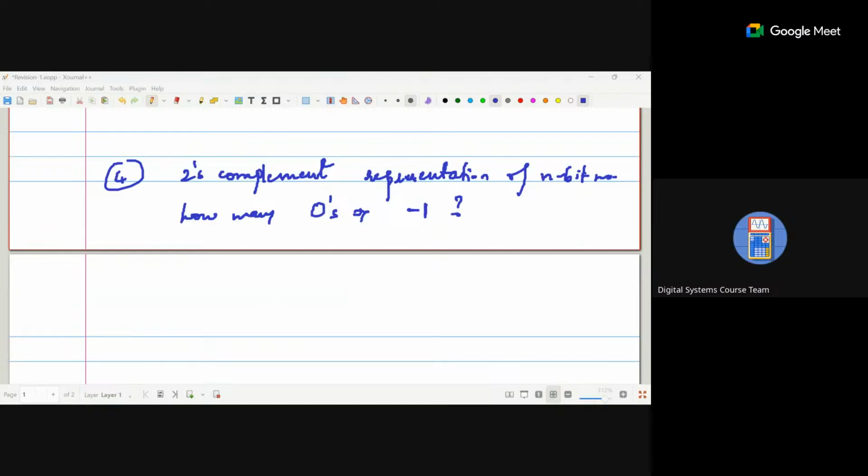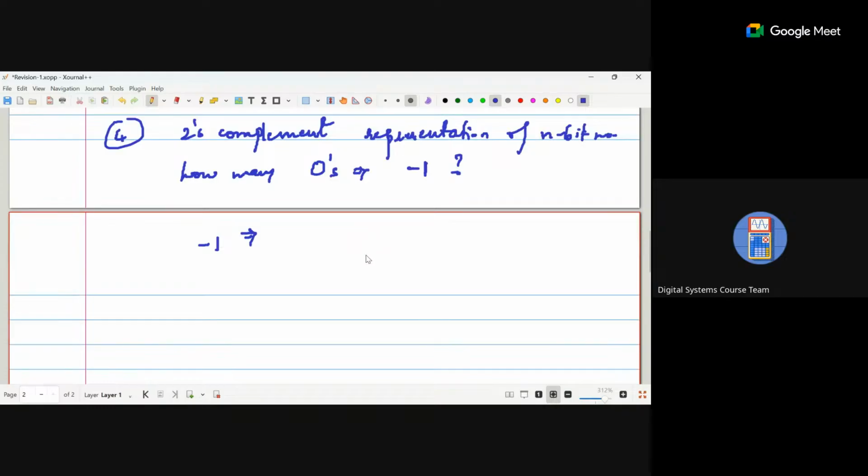How is it n minus 1? How do you represent -1 in its two's complement? Zero. Yes, it is 0. Will you be able to explain how?